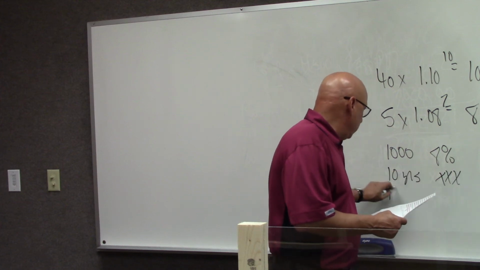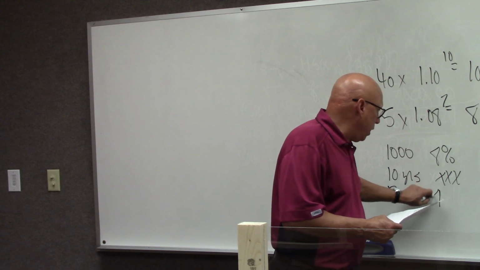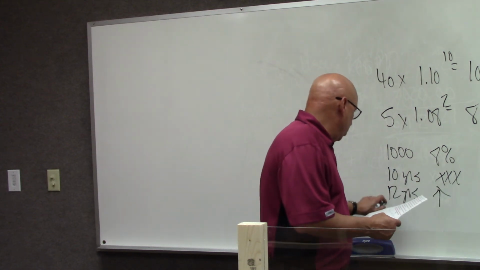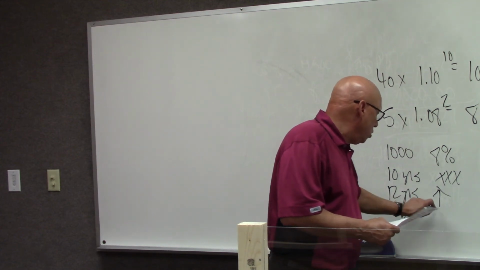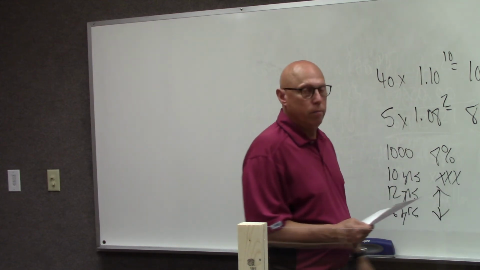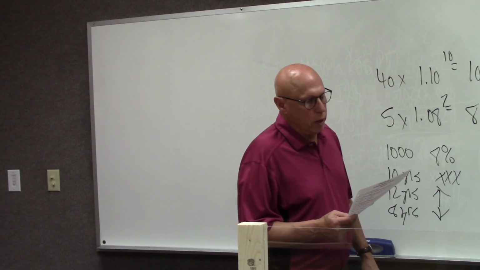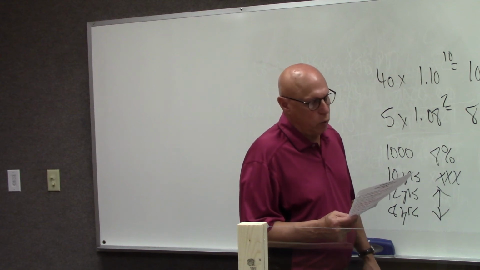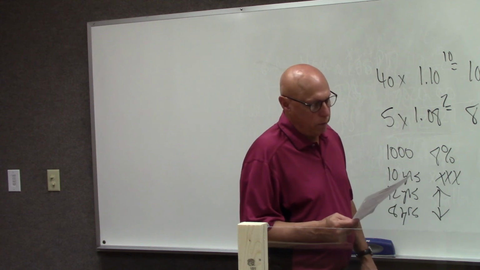If it was going to be invested for 12 years, you'd have more money. If it was going to be invested for 8 years instead of 10 years, you would have less money. The longer your money is invested, the higher the ending amount will be. The shorter the time frame, the lower the ending amount will be. Okay?